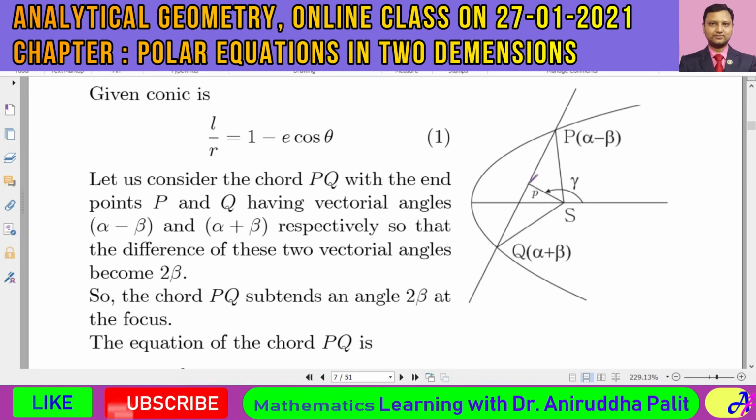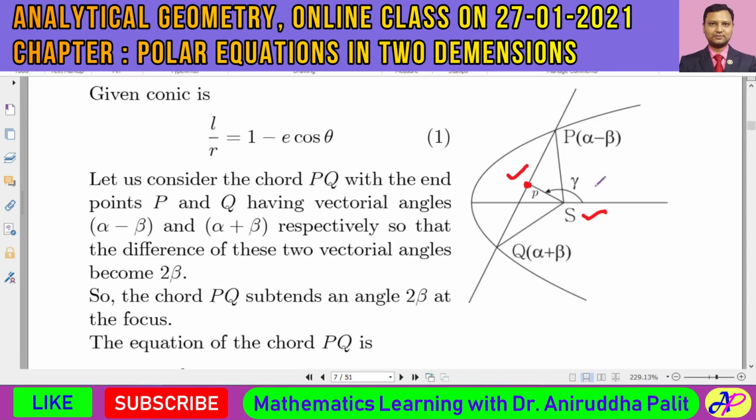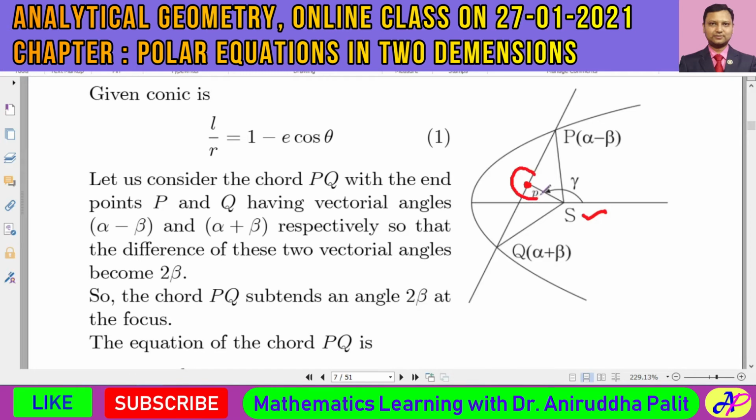And what do we need to do? We need to find out the foot of the perpendicular from the focus S. Say this is the foot of the perpendicular. We need to find out the locus of this point, the foot of the perpendicular.